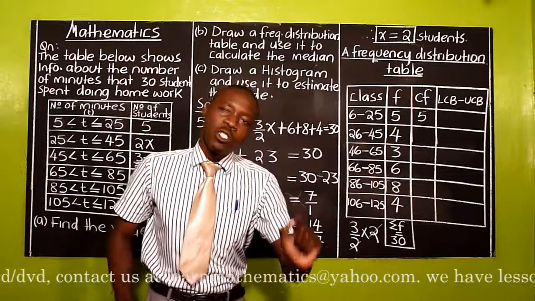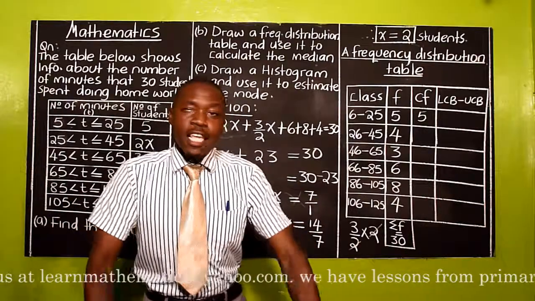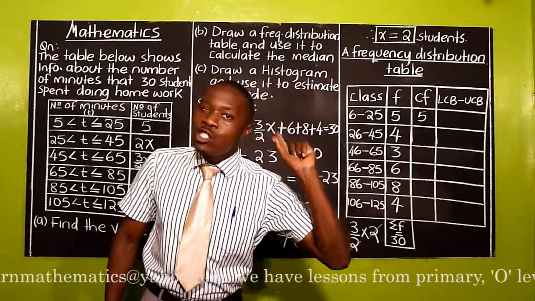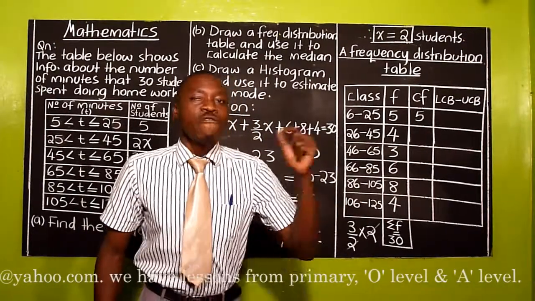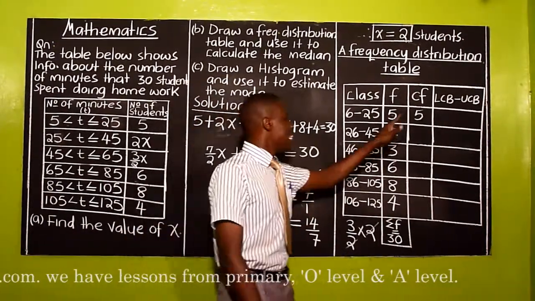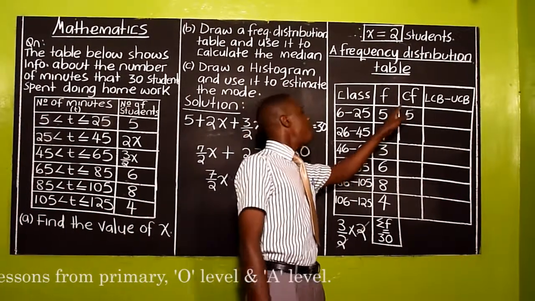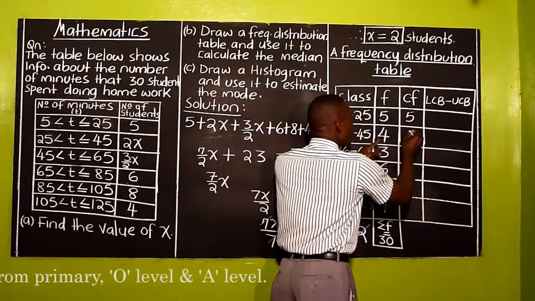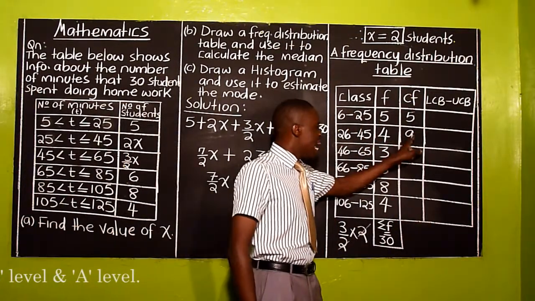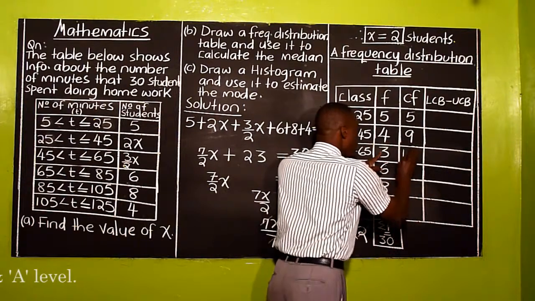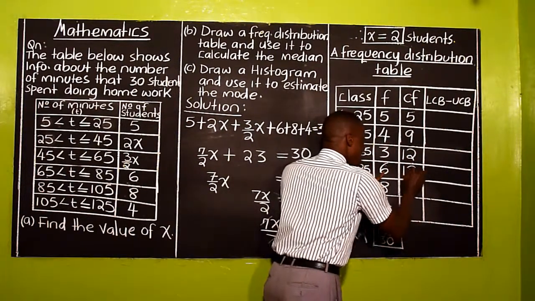And viewers, you also need to know that to get the next cumulative frequency, you get the first cumulative frequency and add on the second frequency. 5 plus 4 to give you a 9. To get the next one here, you get the 9 plus 3 to give you a 12. 12 plus 6 to give you 18.